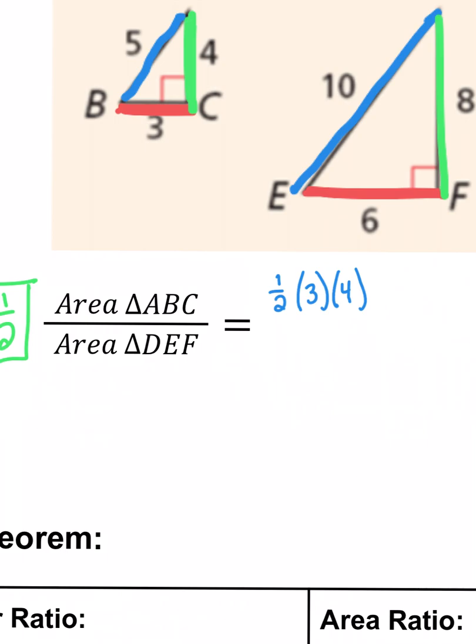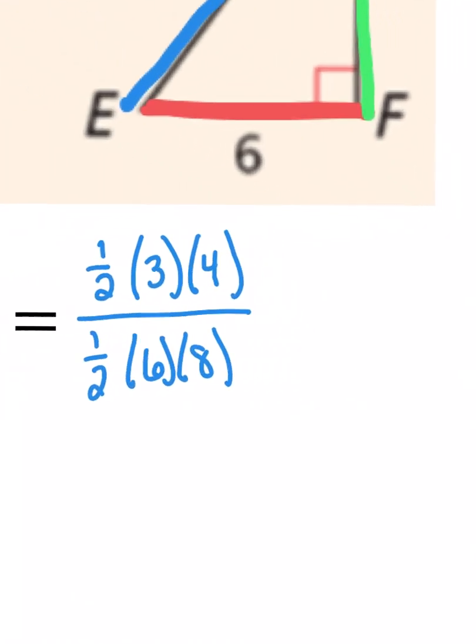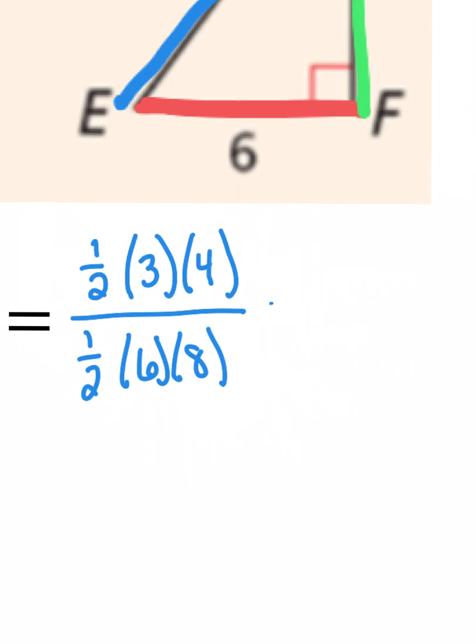Going back to the area of the larger triangle, 1/2, my base is 6 and my height is 8. Okay, let's go ahead and multiply that out. That will give me 1/2 times 3 times 4 will give me 6, and then 1/2 times 6 times 8, that'll give me 24, and then we can simplify 6 over 24 to 1/4.